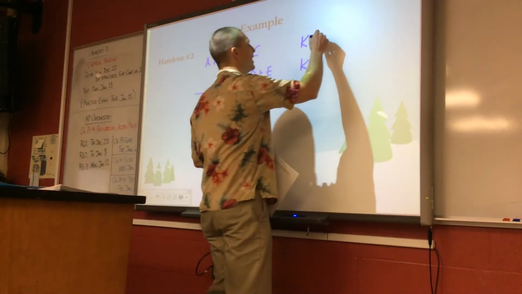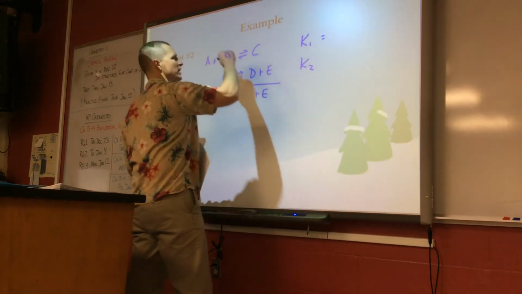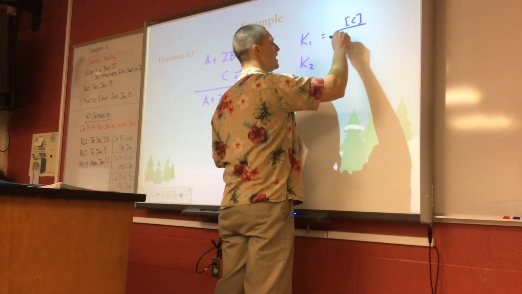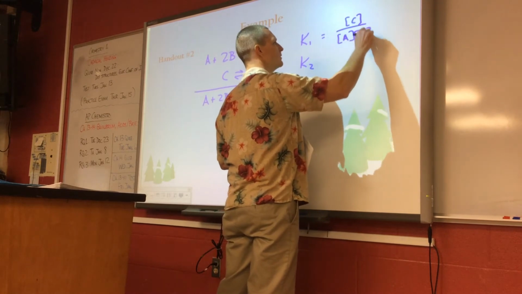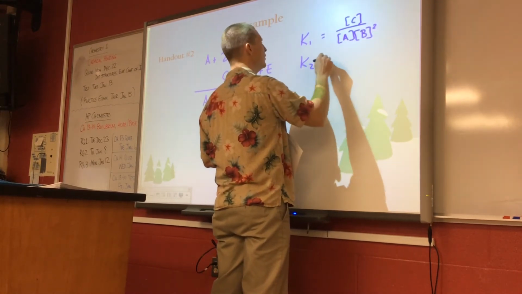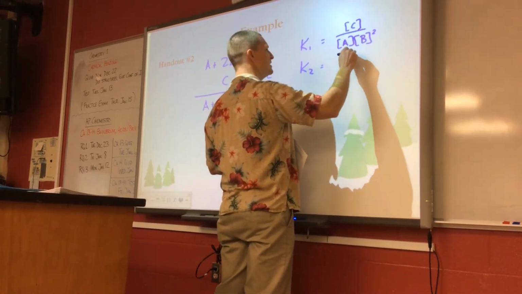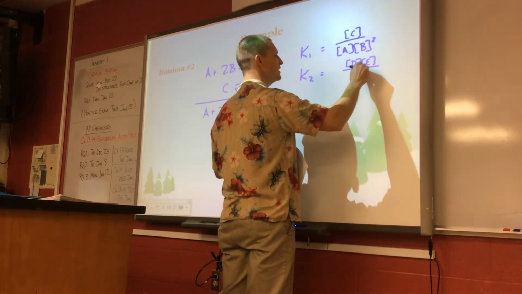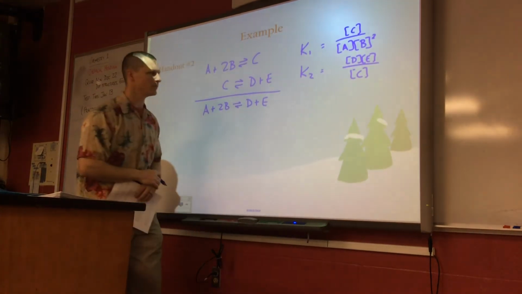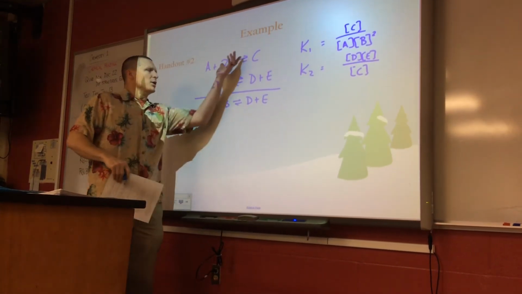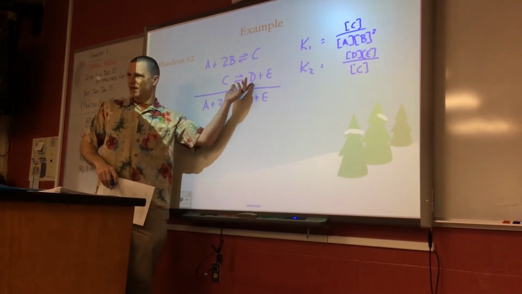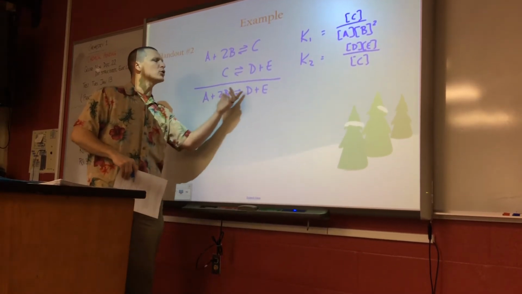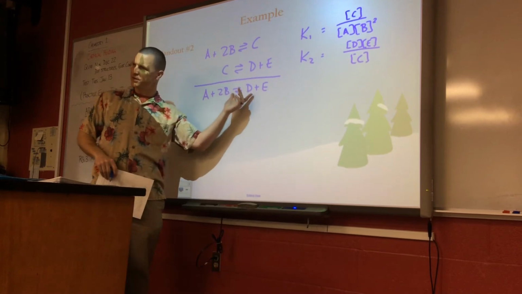Okay, now K1, for this first equation, was concentration of C over the concentration of A times B squared. Then K2 was concentration of D and E over the concentration of C. After adding these 2 equations together, we could write the equilibrium expression for this one too.